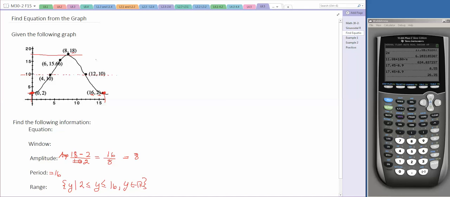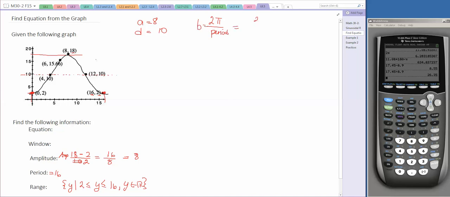And so that gives us 10. So really, I can do everything but my C value in terms of my equation. My amplitude is 8. My midline is 10. I can find B by taking 2 pi divided by the period. That gives me my B value.